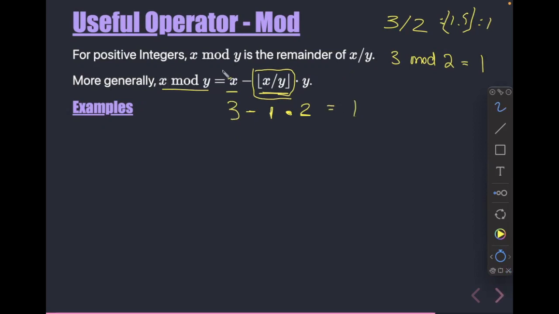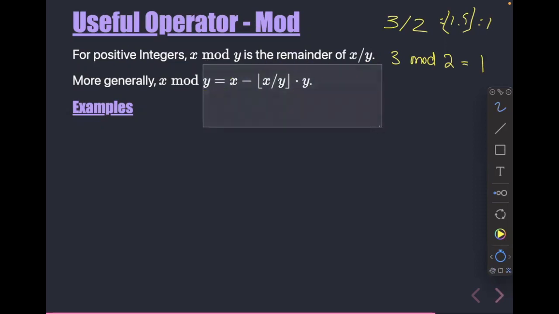So you're taking this number and subtracting away the whole number part of the division, and this leaves you the remainder. So this is just one way you could formalize the remainder using your floor operator.